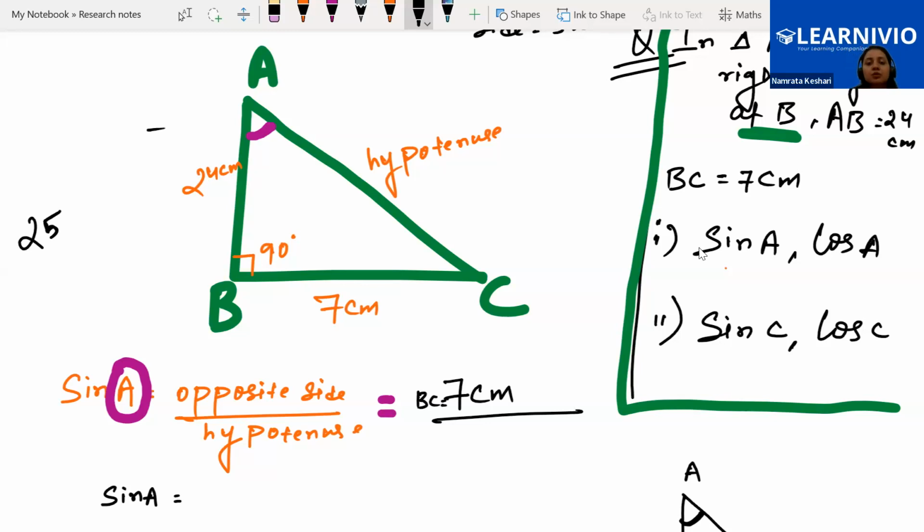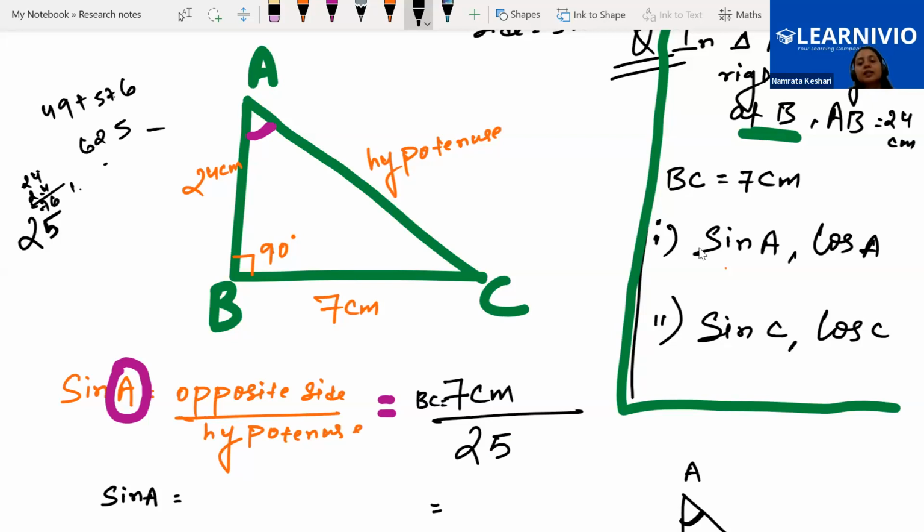Okay, so hypotenuse will be 25. Let me check also.